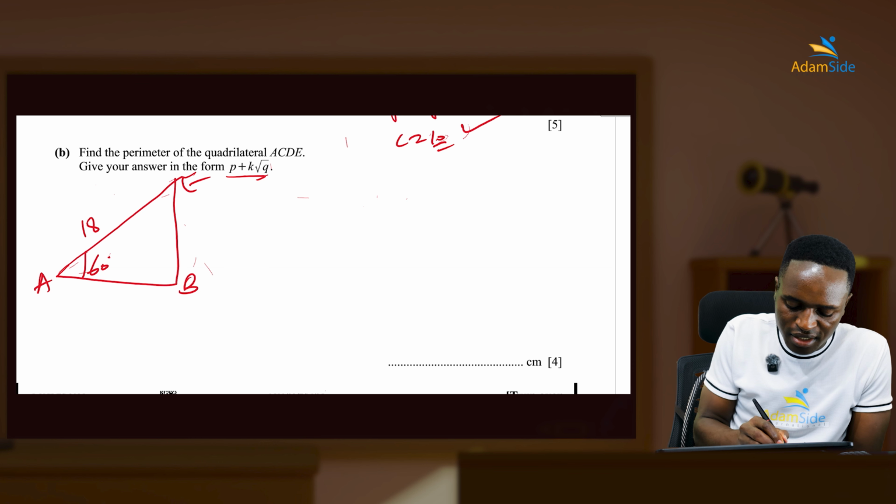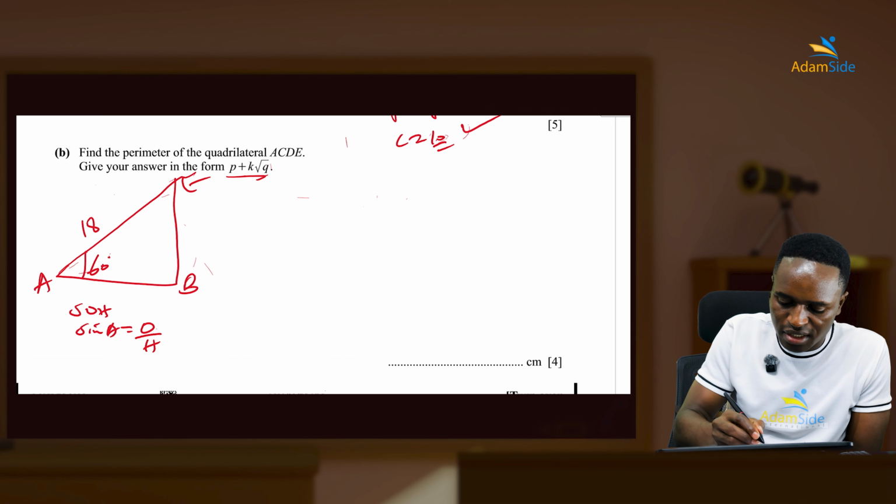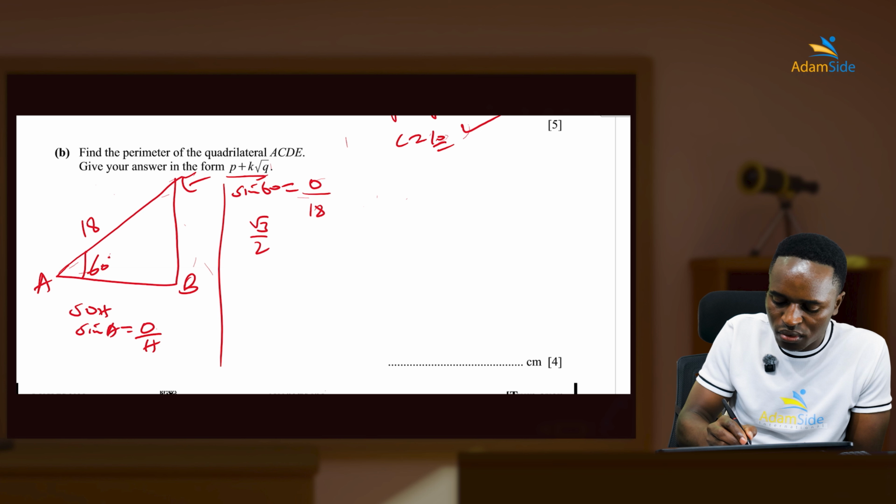So we use SOH. We say sine of an angle, sin A, is equal to opposite over hypotenuse. Then sin 60 is equal to opposite over 18. Sine of the angle is root 3 over 2, times 18.